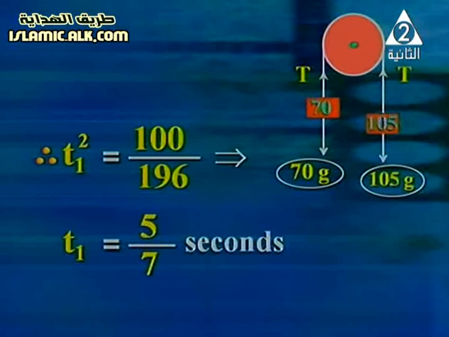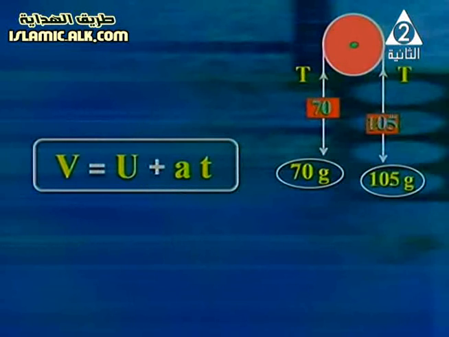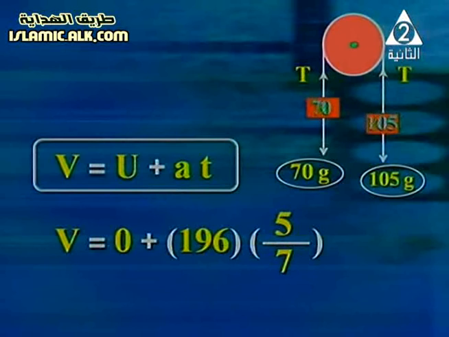Find the value of t: t1 equals the square root of 100 over 196, equals 5 over 7 second. This is t1. By using the first law to find the value of the velocity, v equals u plus at.